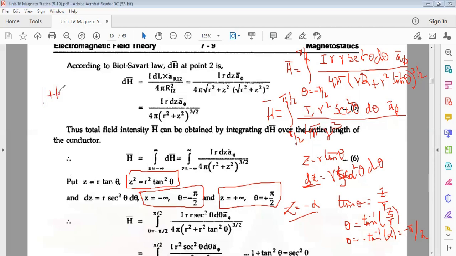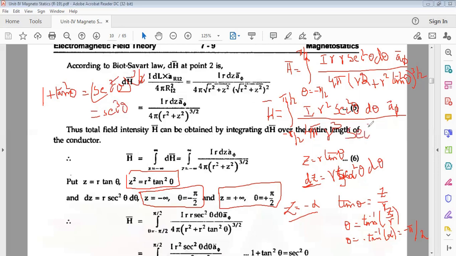For the trigonometric function, 1 plus tan square theta is equal to secant square theta, and secant square theta is to the whole power 3 by 2.